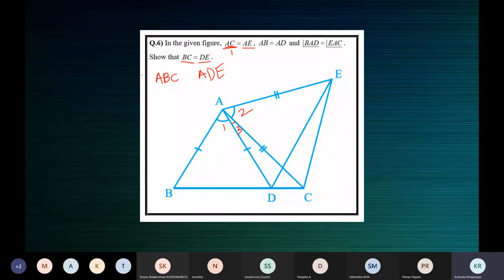Which are the sides of triangle ABC? From the name you can make out, you don't have to see the figure. AB, BC and CA are the sides of triangle ABC. AD, DE and AE are the sides of triangle ADE. From the names of the triangles, you can make out the sides.